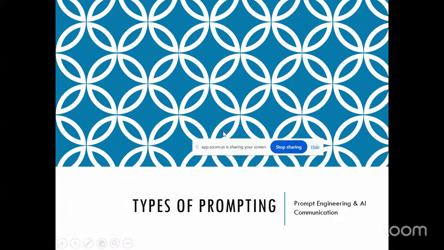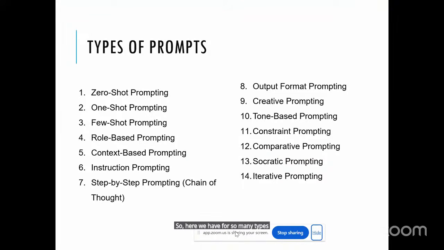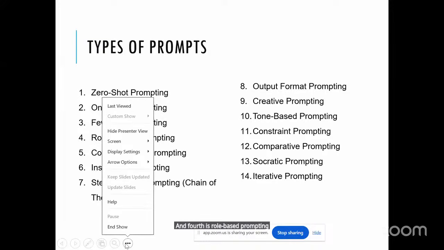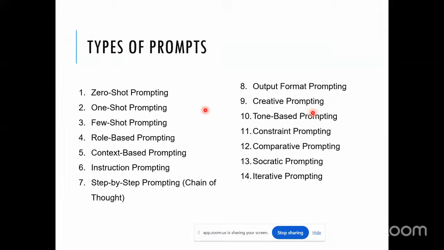So next we are going to see the types of prompts. Here we have so many types. First one is zero shot prompting. Second is one shot prompting. Third is few shot prompting. Fourth is role based prompting. Fifth is context based prompting.